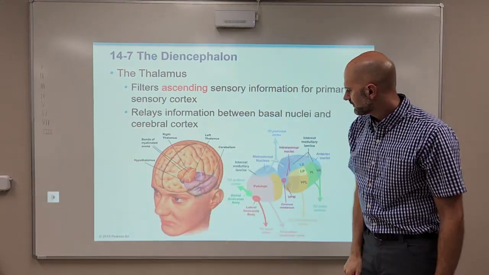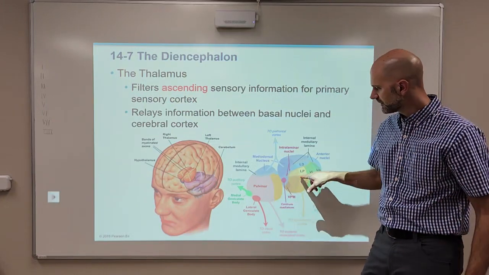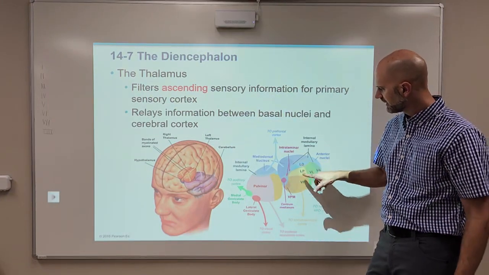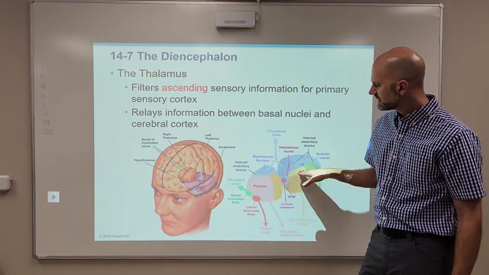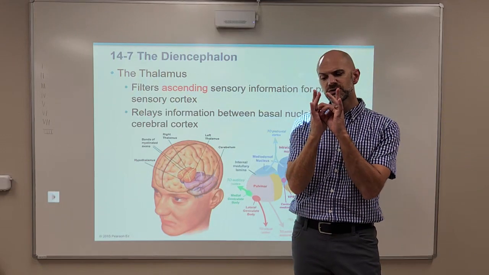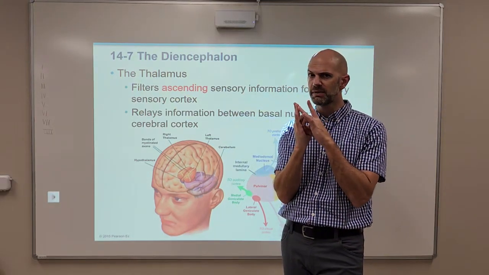So the thalami, again, are a collection of cell bodies. There's a bunch of different nuclei here. They're color-coded: the blue, the red, the green, the pink, etc. Each of these nuclei is a discrete collection of cell bodies that comes from different parts of the body.